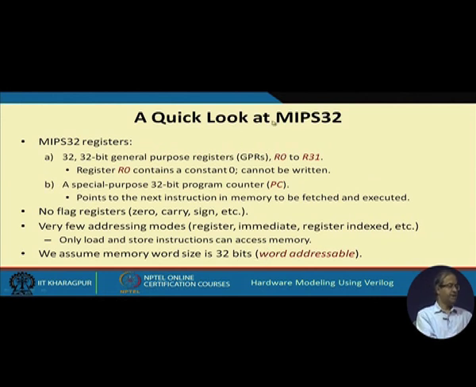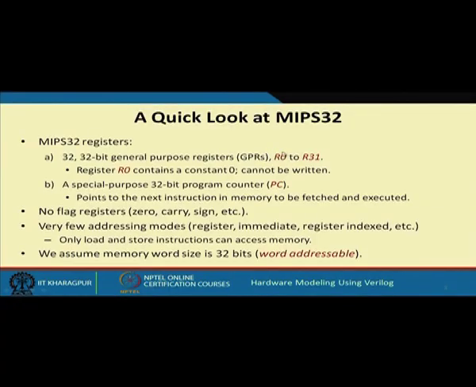Let us have a quick look at MIPS 32, the main features. First thing is that there are 32 general purpose registers. They are called R0 to R31, and each of these registers is 32 bits in size. We use these registers for temporary storage of data during some computation.